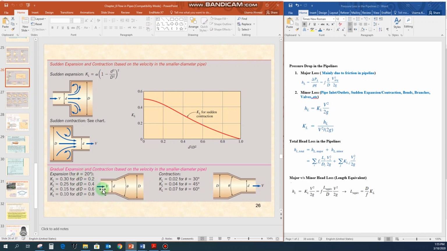So you have to see these values, and then you can get the relevant KL value. And for the gradual contraction systems, similarly for the angles 30, 45 and 60 degrees, you can have the fixed value for the KL that you can use from this figure.